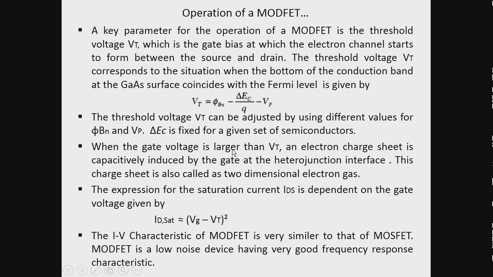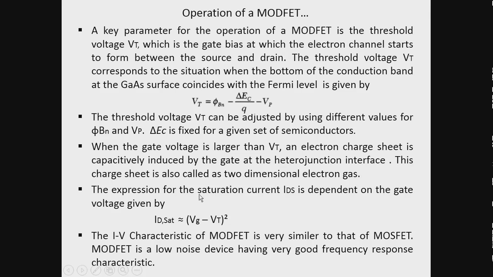When the gate voltage is larger than Vt, an electron charge sheet is capacitively induced by the gate at the heterojunction interface. This charge sheet is also called the two-dimensional electron gas, that is 2D electron gas.